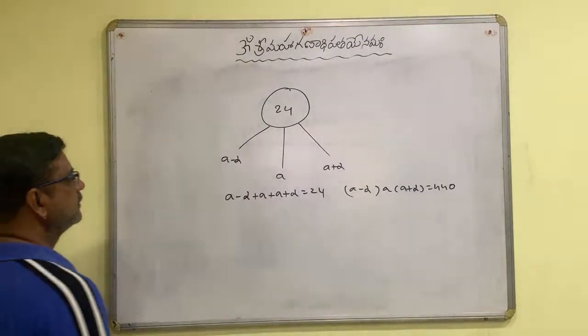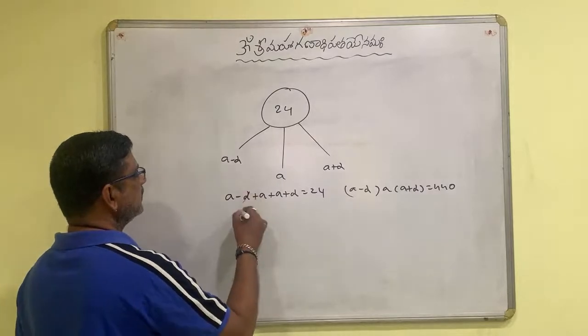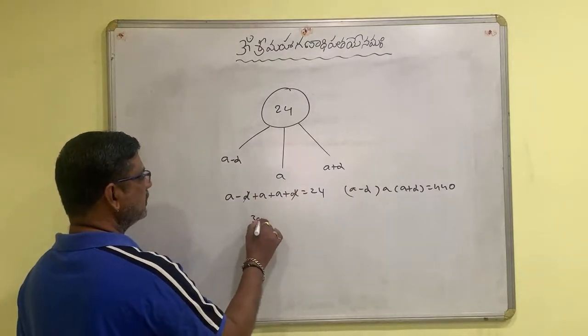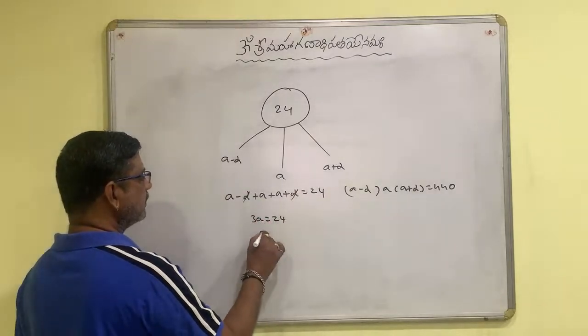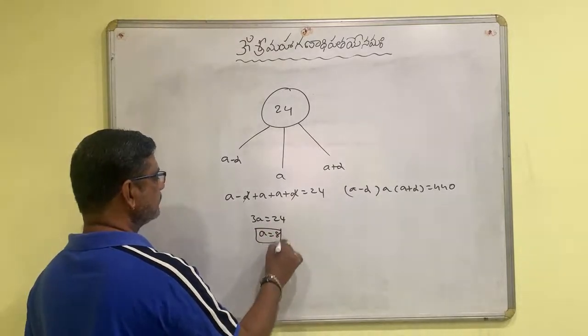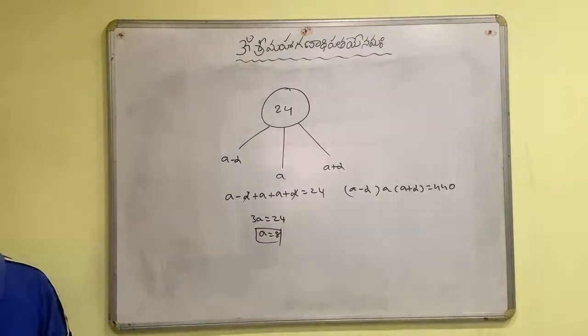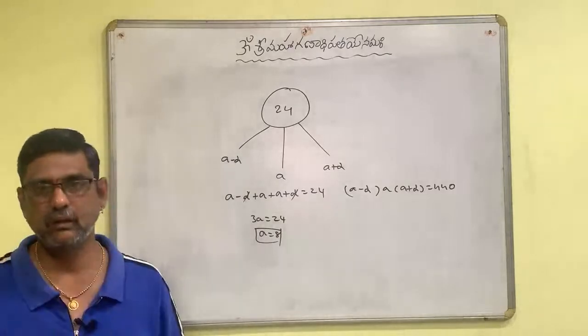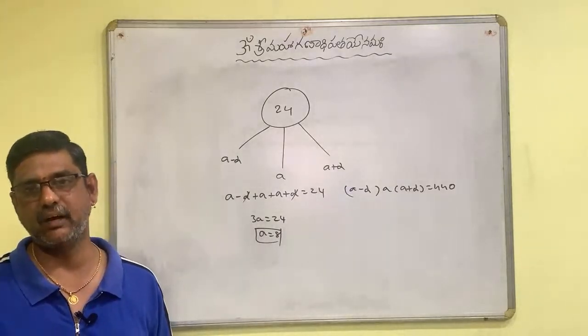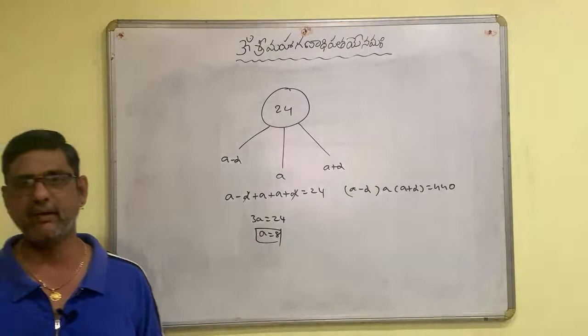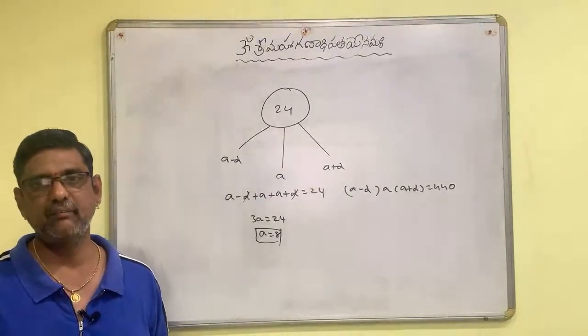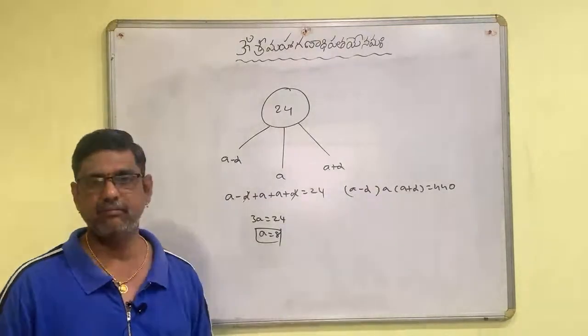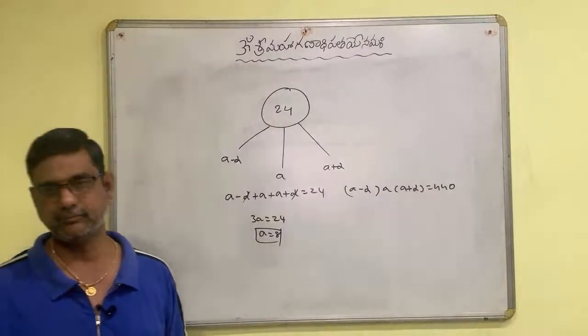Okay children, now simplify this. Here D gets cancelled. 3A is 24, so A is 8. Okay na? So A has already come, and we need to find D. If we find D, the problem is done.